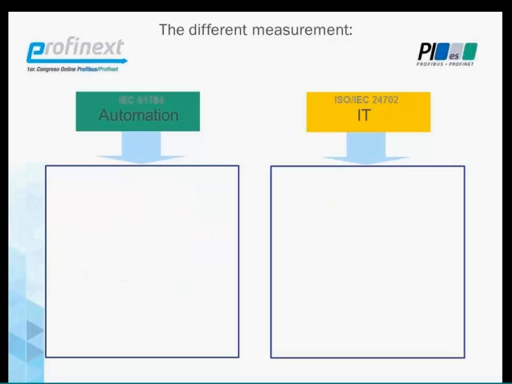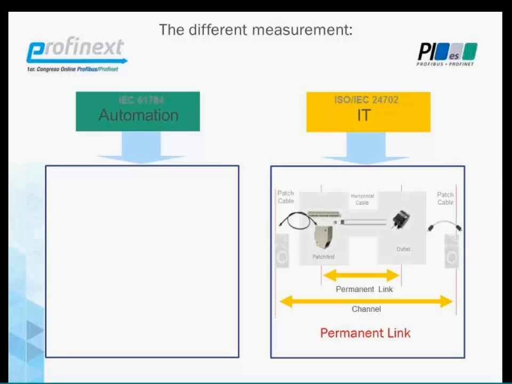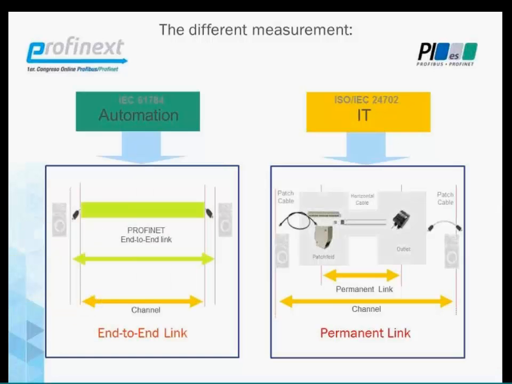And if you want to measure, of course, there's a different perspective. They are different too. For automation, you have this connection between active devices, and you want to measure a link which connects two devices directly. We call it the end-to-end link, and there you need the measurement for the end-to-end link.